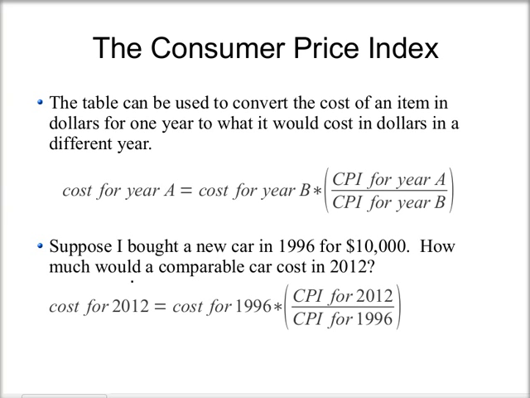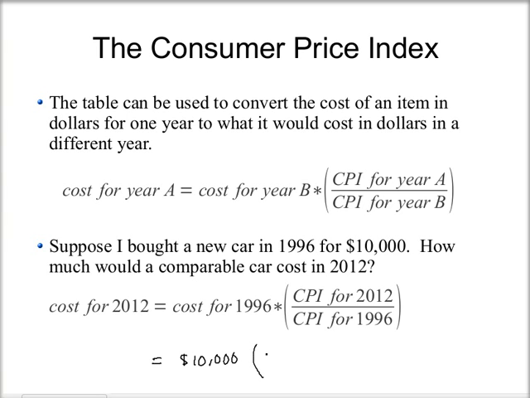And again, we're going to look at the cost of a car. So suppose I bought a new car in 1996 for $10,000, and I want to know how much a comparable car would cost in 2012. So if I have the cost for the car in 1996 and I know the CPI for 2012 and for 1996, I can figure that out. So I'm just going to plug those in here. The cost of the car I bought in 1996 was $10,000.